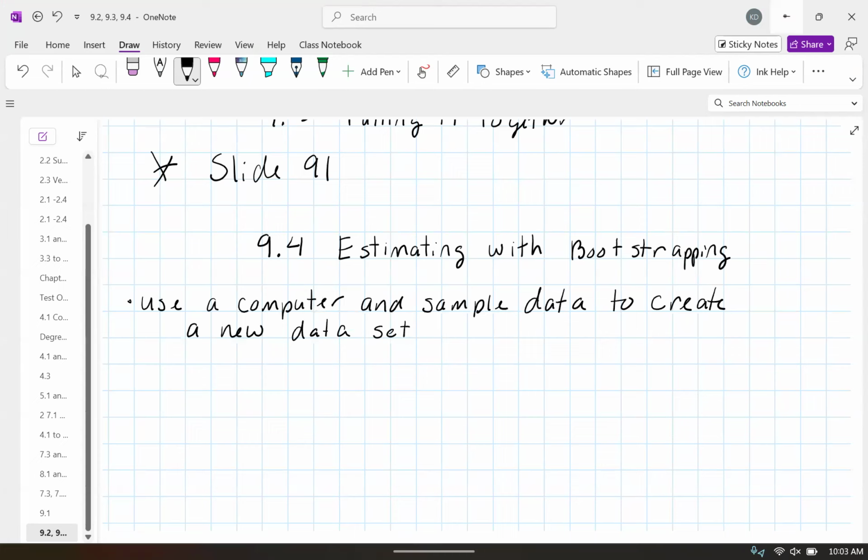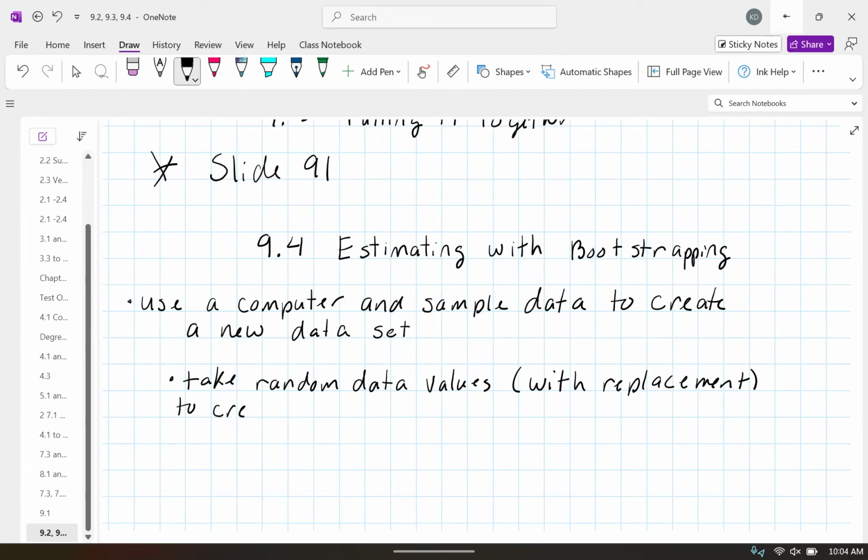We're going to take random data values with replacement to create a sample size n.